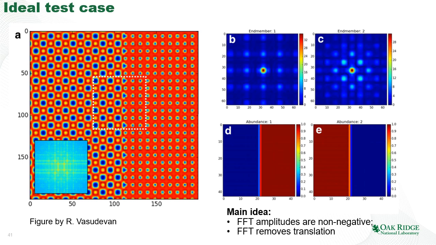So now we are going to see how this method can be applied for image analytics. Imagine that I have an image which has two components. One component has one periodicity and another component has a smaller periodicity. And I want to automatically separate this image into this part and this part.